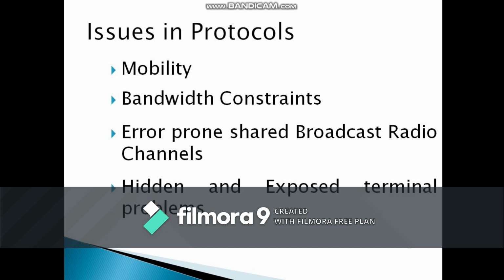There is also the issue of hidden and exposed terminal problems. In this case, the hidden terminal problem refers to the collision of packets at some nodes due to simultaneous transmission.